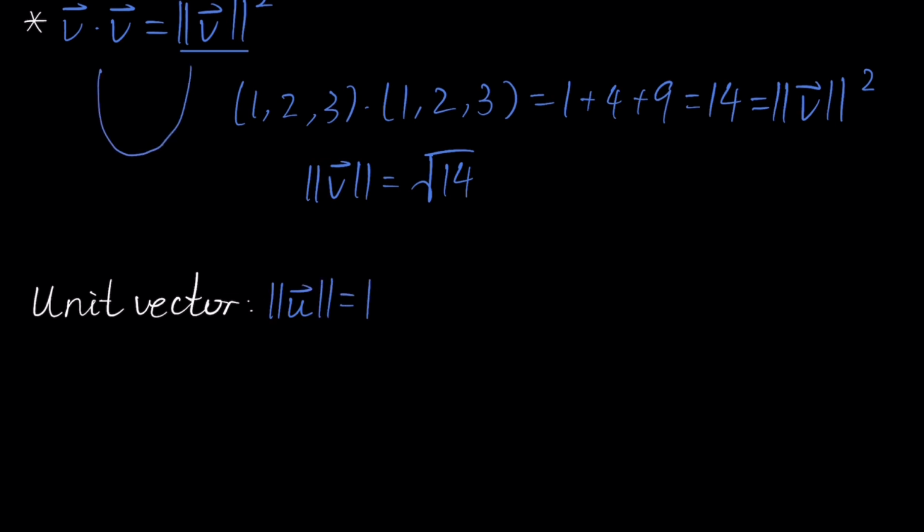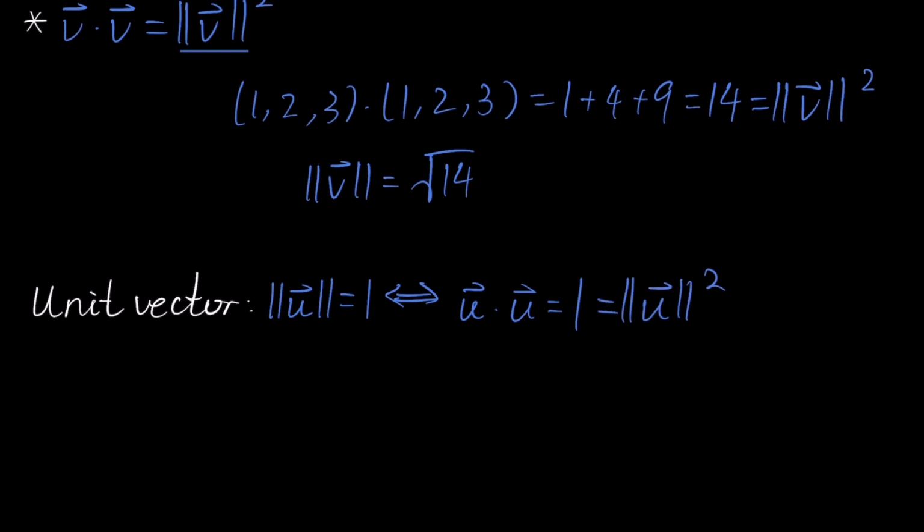Now, because we know that length has a relationship with the dot product, we can also say that u dotted with u is equal to 1, right? Because this is equal to the length squared. 1 squared is 1.